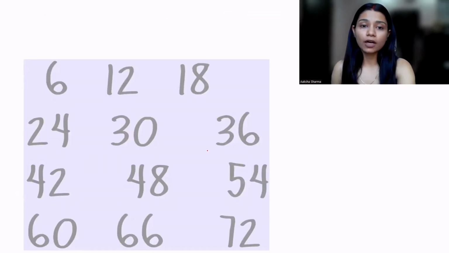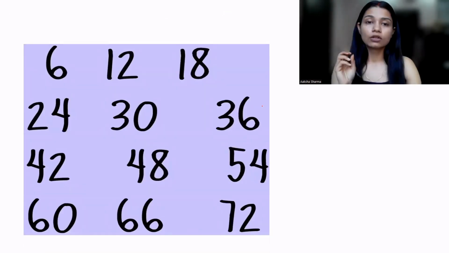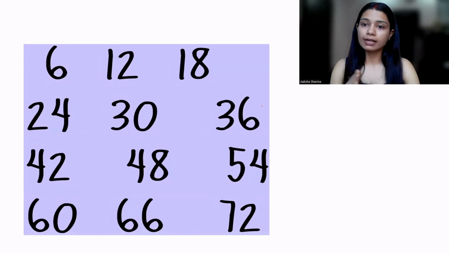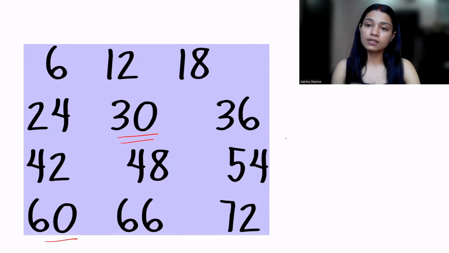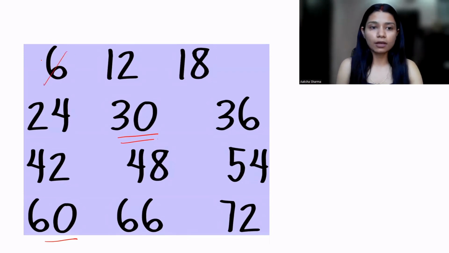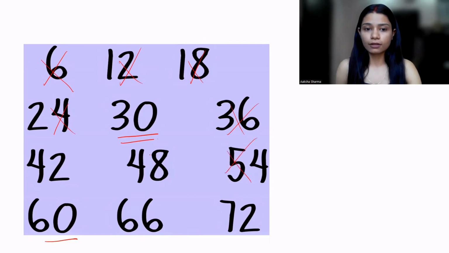Now let us find those numbers in the table of 6. We have to find out if in the table of 6 any number comes that ends by 5 or by 0, because then we will find a common multiple that is there in the table of 5 as well as 6. I can see two numbers right now, 30 and 60, which come in the table of 5 as well as 6, because the other numbers are not going to come in the table of 5.